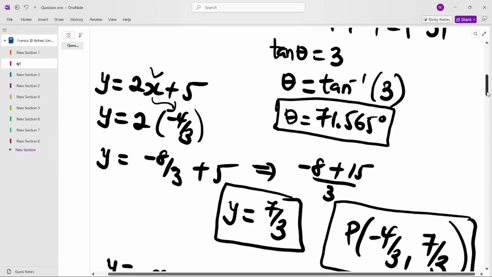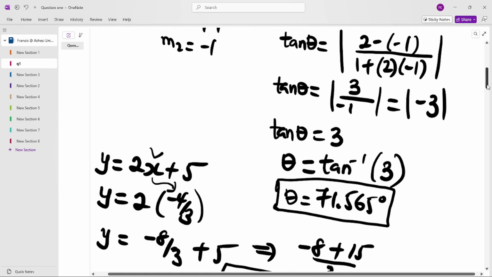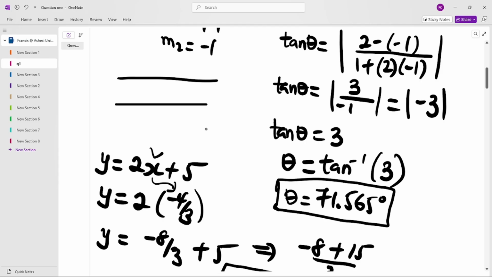If the lines are parallel, they never meet, so there's no angle between them. The angle there is 0. Tan 0 is 0, right? Yes, sir. So the angle between them is 0 degrees if they are parallel. If they are perpendicular, the angle between them is what? 90.